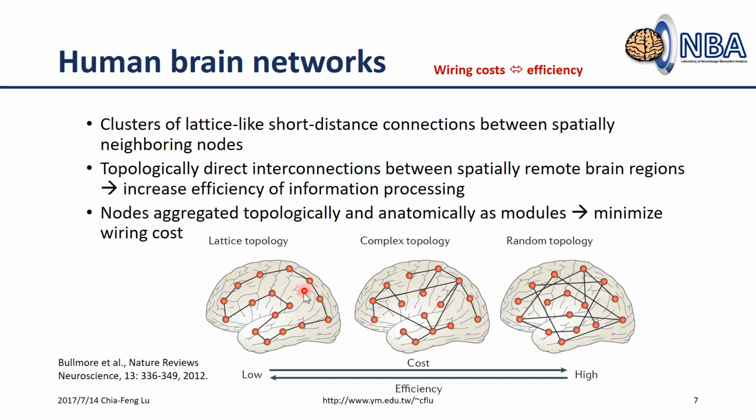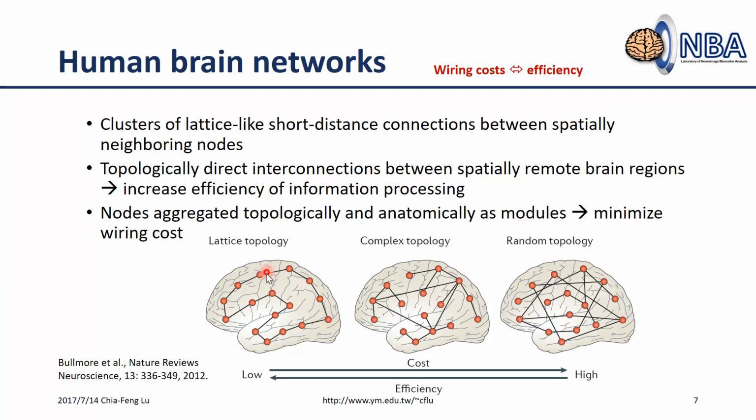So we can assume our brain has this kind of regular connection, sometimes called lattice topology. That means each node or brain region is always connected with its closest neighbors. This node may connect to this one and this one, but there is no long-distance connection to anatomically separated regions.